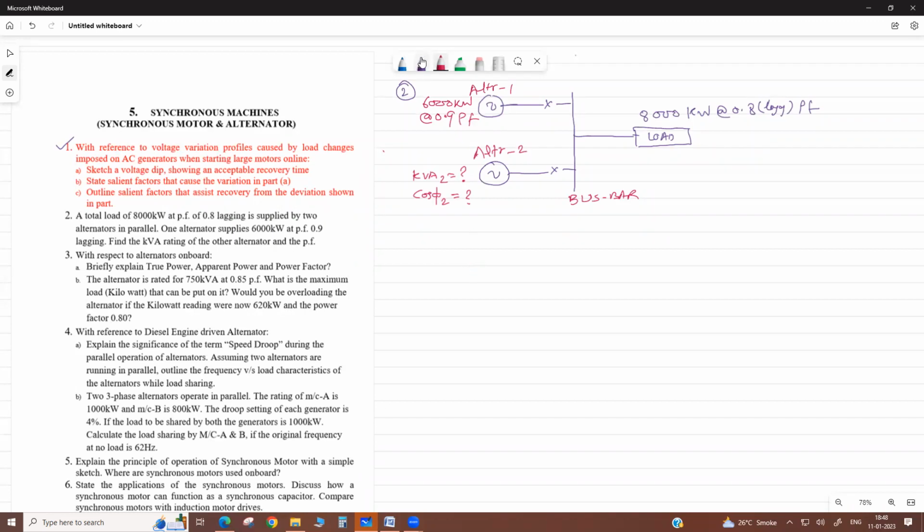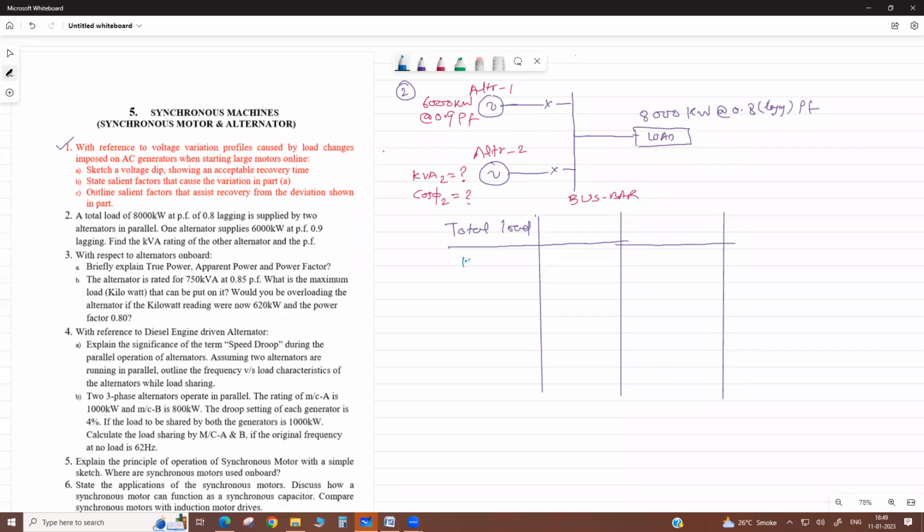Okay. Very simple actually. So it is a total load. You write here the parameters.